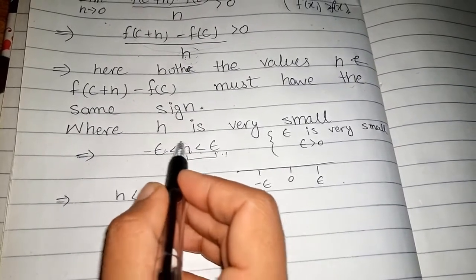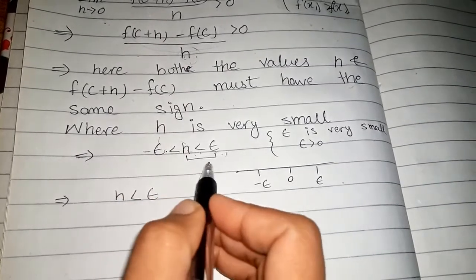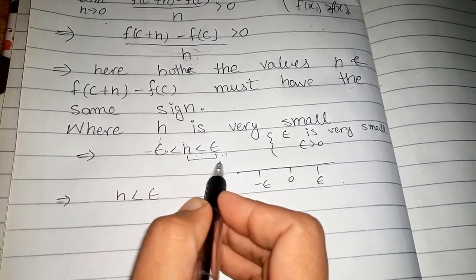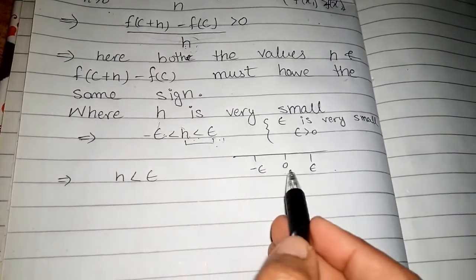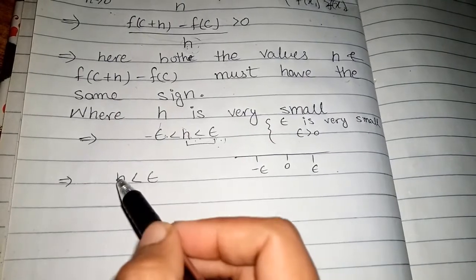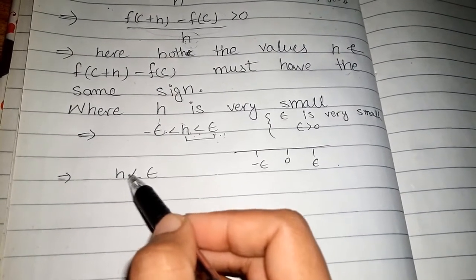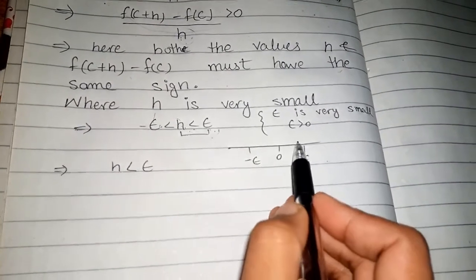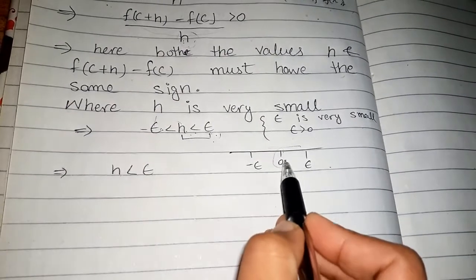After this we take the other case, minus epsilon less than h. First of all, h is less than epsilon. Now here we have a c, h must not be 0, and h is less than epsilon, that means h is some distance from c and is not 0.